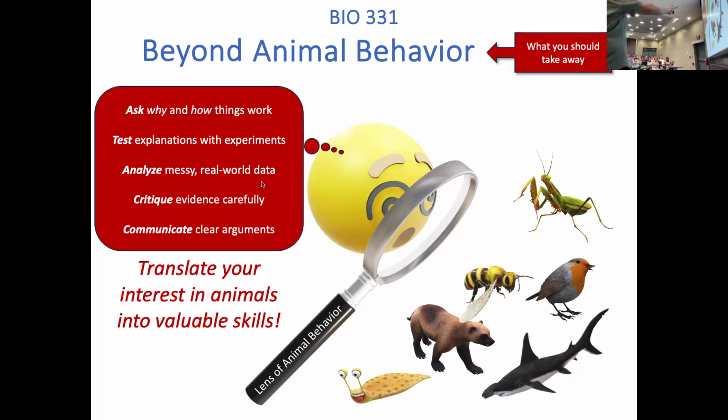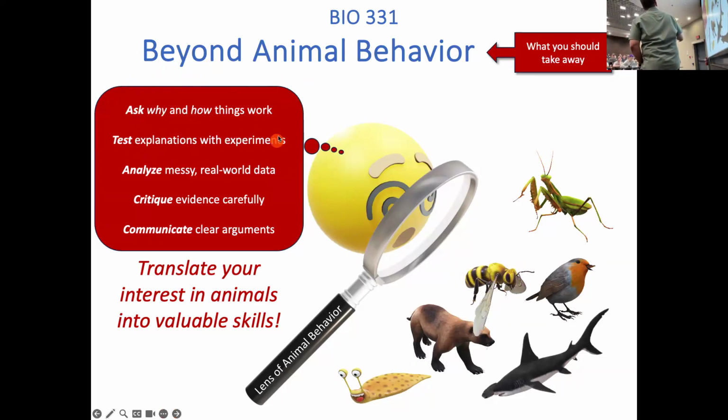So I'm trying to use hopefully your intrinsic motivation, your interests in animals and the crazy things that they do, and by using the lens of animal behavior to look at those, end up exploring more general skills having to do with asking why and how anything works, from an animal to a process inside your cells to a process inside a vehicle, and how do you then, after you've come up with those explanations, test those explanations?